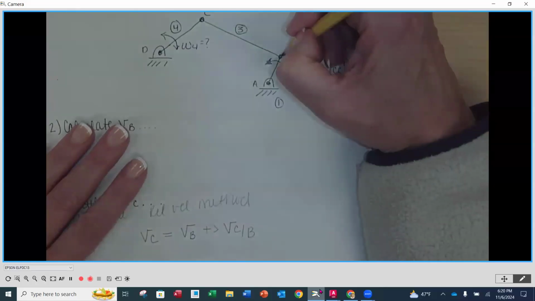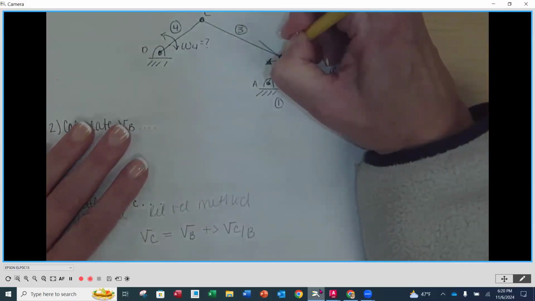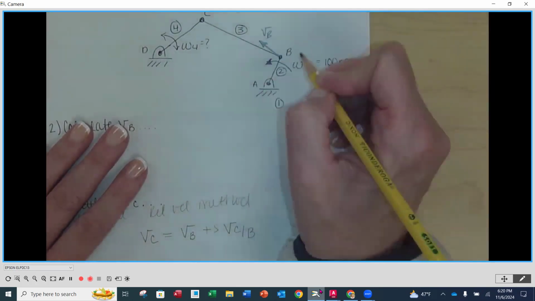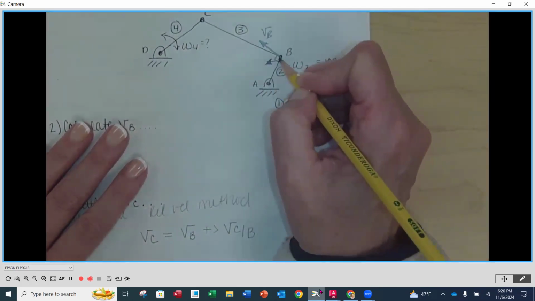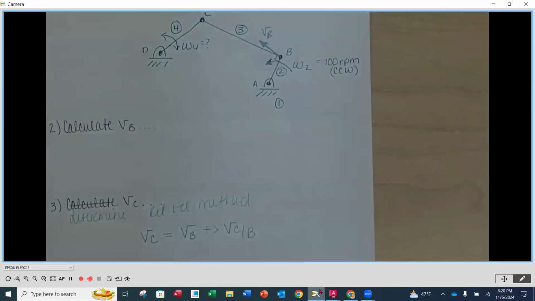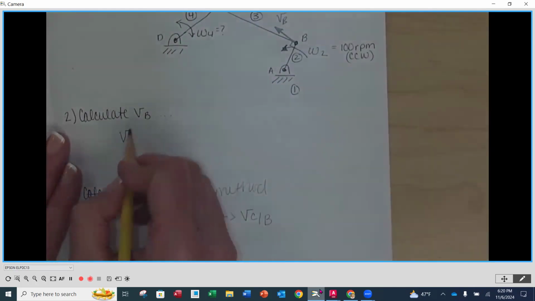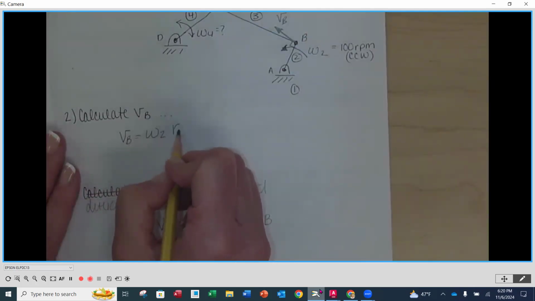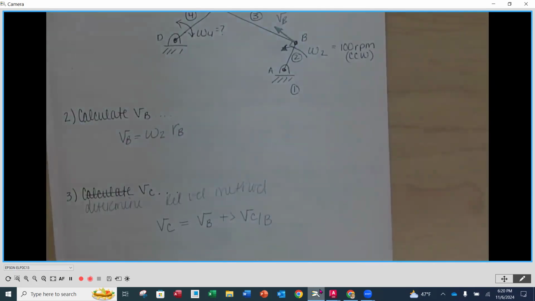It is going to be perpendicular to link number 2, going in the direction of rotation, okay? Now that's going to be its direction. Its magnitude, we can calculate by using the velocity equation. VB is equal to W2 times R, or the radius, the distance to point B.